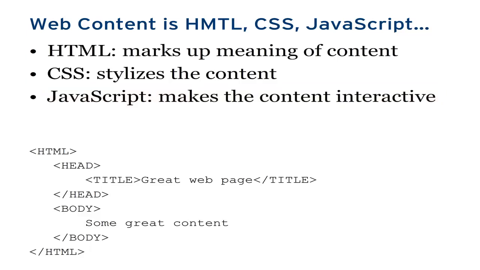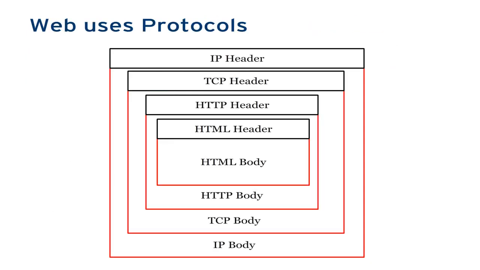But that web content has to get from one machine to another. Any two computers on the internet can exchange packets with each other. The protocols that let them do that carry web data or any other data. The protocols that get these data from one computer to another are IP and TCP. The TCP/IP suite works together to carry a wide variety of payloads, including HTTP.